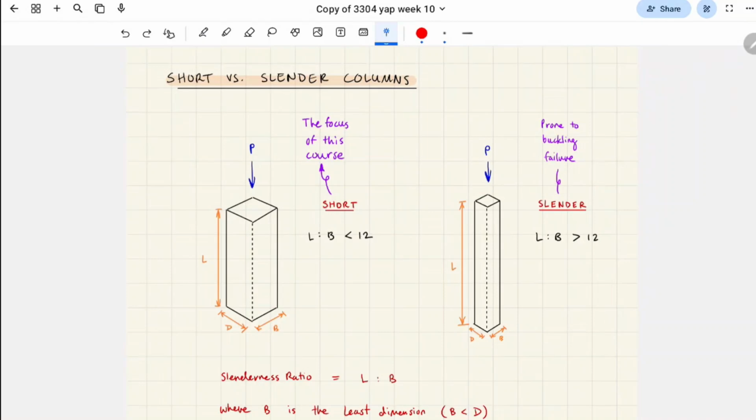So we focus on short columns in this course, which is actually a good thing because short columns are less difficult. Not that the topic in general is easy, but slender members are prone to buckling, and there are a lot of issues to do with local buckling and global buckling. It's just generally quite complicated.